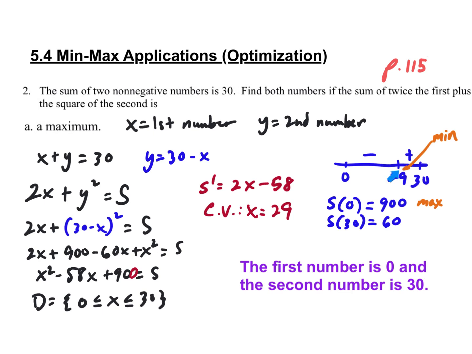A relative minimum occurs here. We're sure of that. But they're not asking for that. They're asking for what the minimum is, period. And since we have actual endpoints here, we have to test those too. And so I'm plugging 29 into my sum equation here. Those are x values. Okay, so if you plug in 0 for x, remember now, if x is 0, that means y is 30.